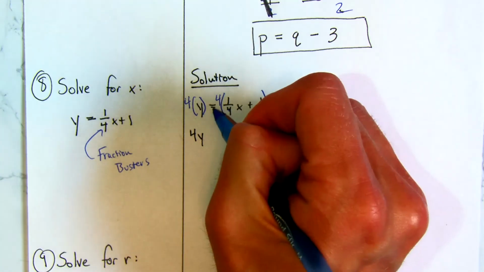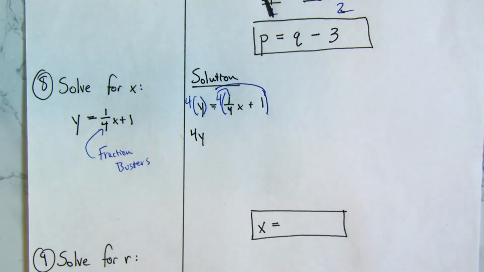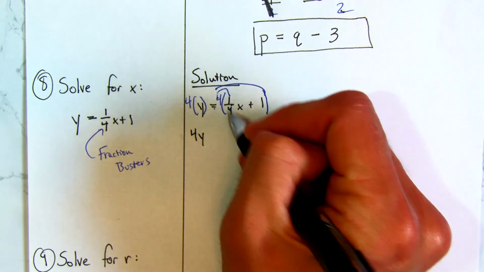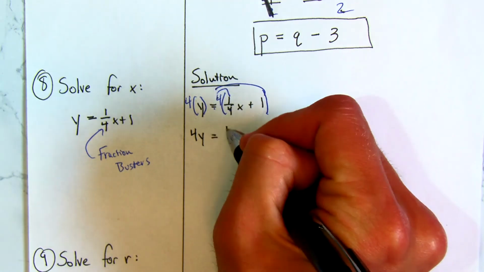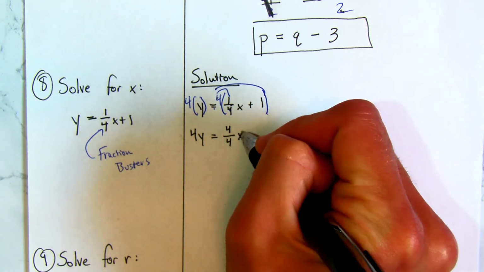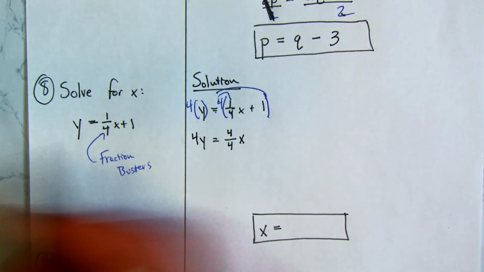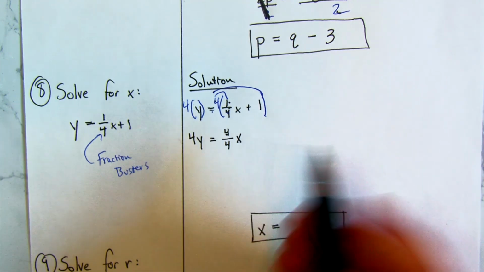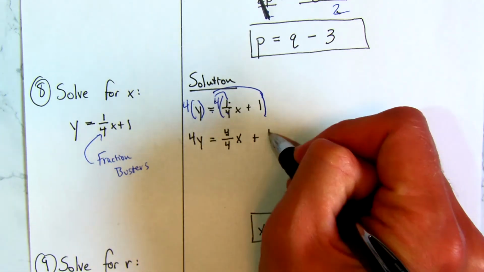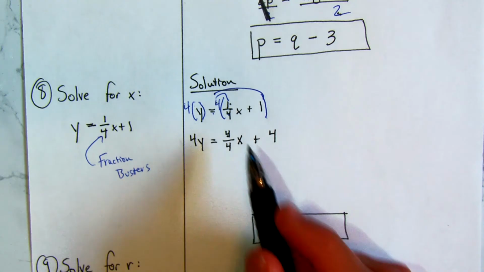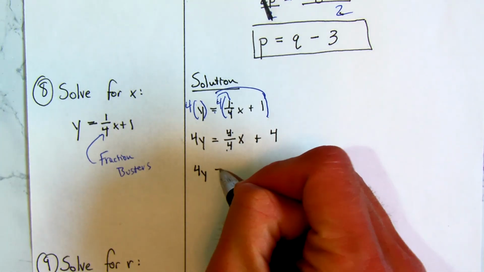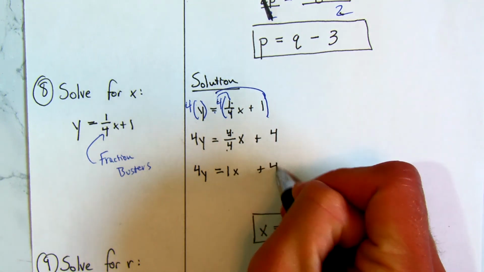On the right hand side of the equal sign, distribute the 4. 4 times a fourth, that's 4 times 1 on the top of the fraction. Right, you multiply the number to the top of the fraction, so 4 times 1 is 4, all over 4, x plus 4 times 1 is 4. Alright, 4 divided by 4 is 1. You can simplify that, so this is 4y equals 1x plus 4.